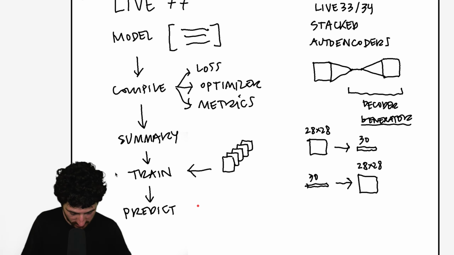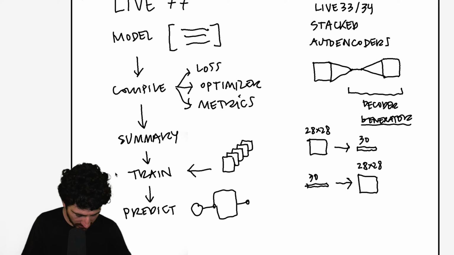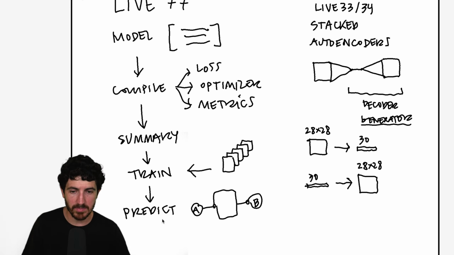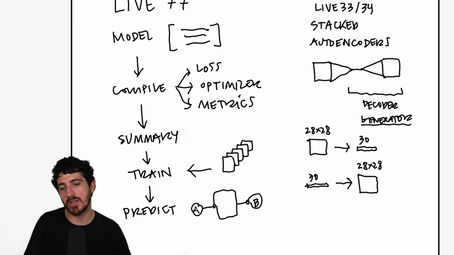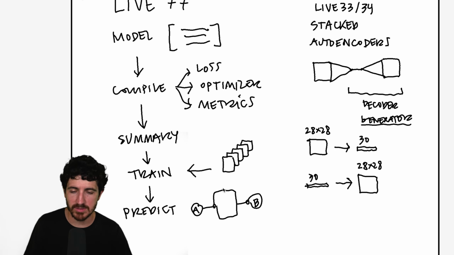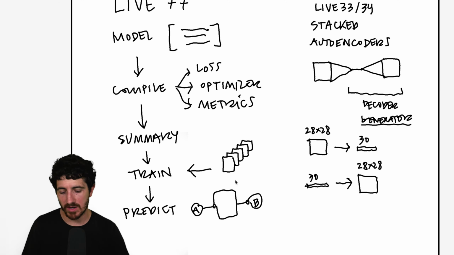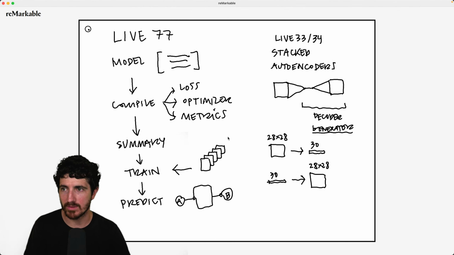And the prediction is basically getting something into the model and then getting something out. And that in and that out, the A and B, that can be anything. That can be from text to image, from image to image, from image to a classification label, from an image to a set of bounding boxes, from text to a rating. It depends on how we architect our model and what we do.